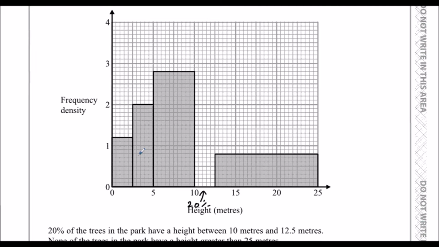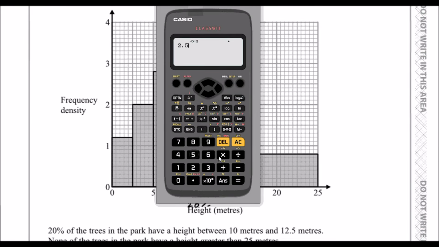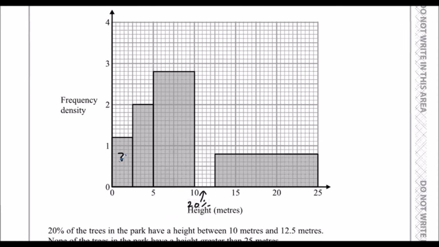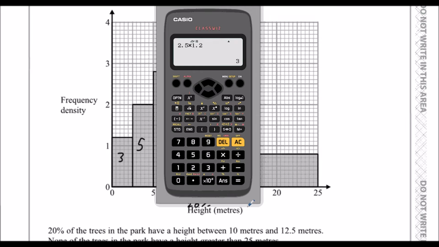So 2.5 times 1.2 is 3. 2.5 times 2 is 5. 5 times 2.8 is 14.